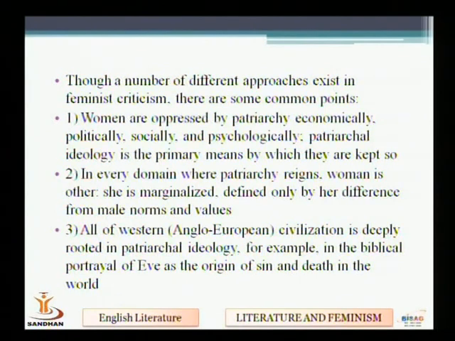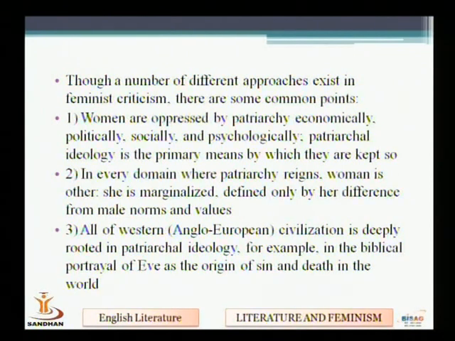As I have said, there are many approaches which go under the name of feminism. There is no single school of feminism. But there are some common overlapping areas, some points which are common to most of these approaches. The first very important idea is that women are oppressed by patriarchy economically, politically, socially, psychologically.